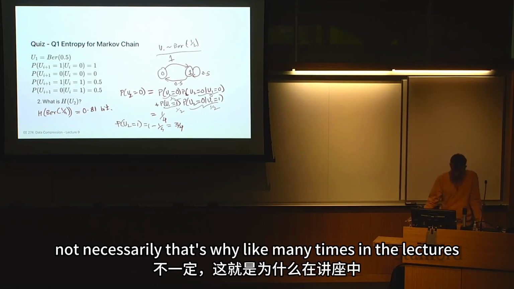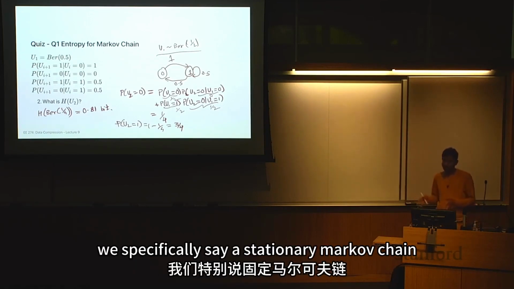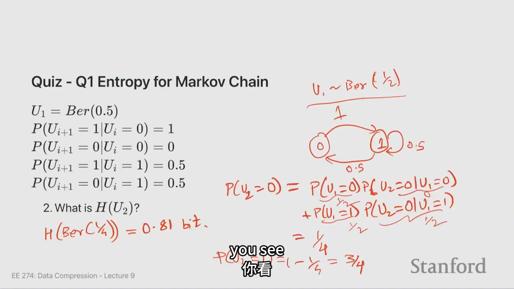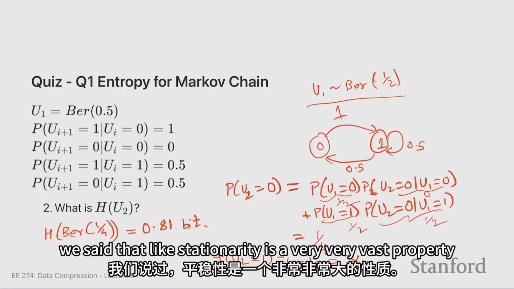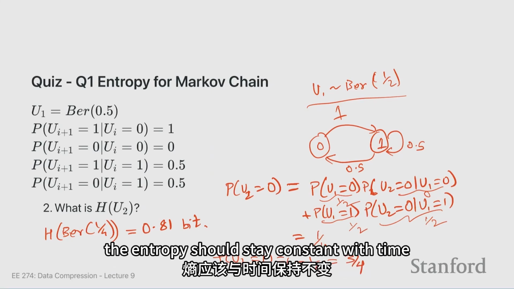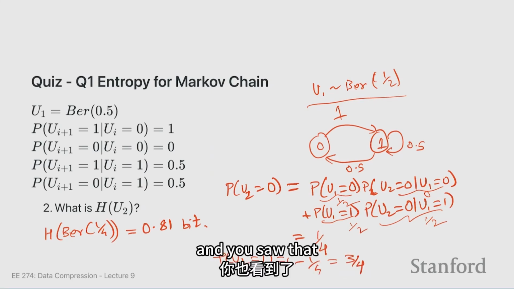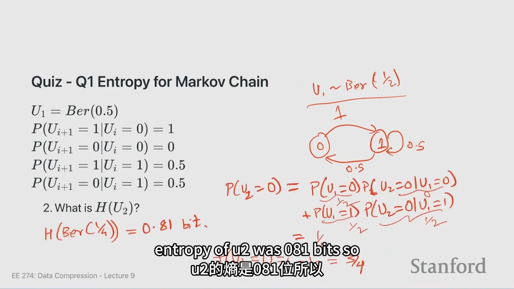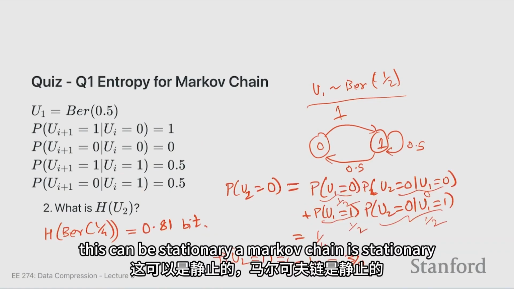That's the question. Not necessarily. That's why many times in the lectures we specifically say a stationary Markov chain. In this particular example, stationarity is a very vast property. All statistics stay constant with time, but in particular the entropy should stay constant with time. And you saw that the entropy changed. Entropy of U1 was 1 bit, entropy of U2 was 0.81 bits. So there is no way this can be stationary.